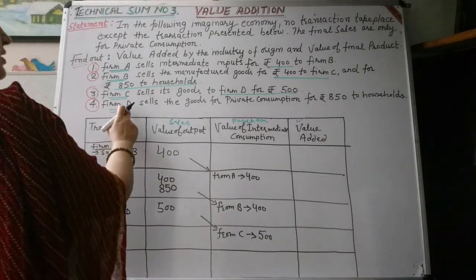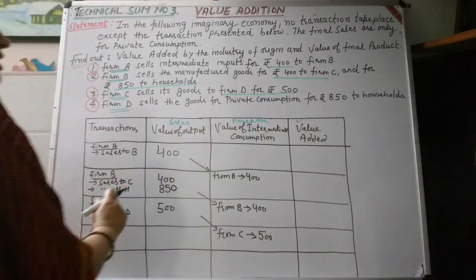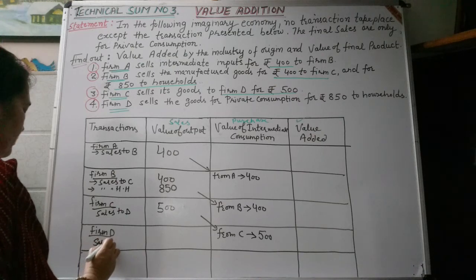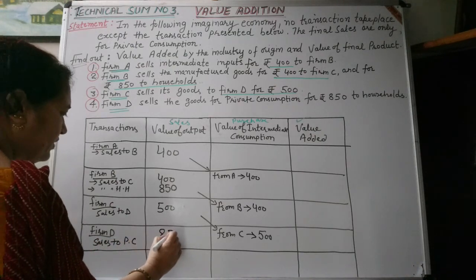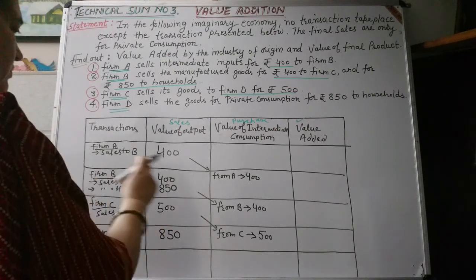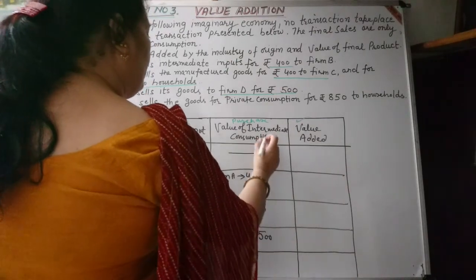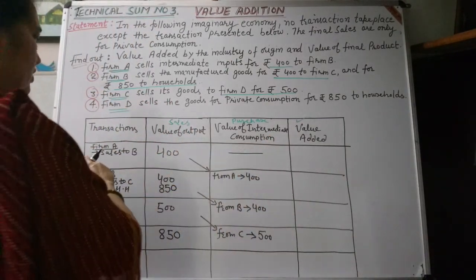And lastly, firm D sells the goods for private consumption for rupees 850. Sales to private consumption worth rupees 850. So the value of intermediate consumption of A is 0.